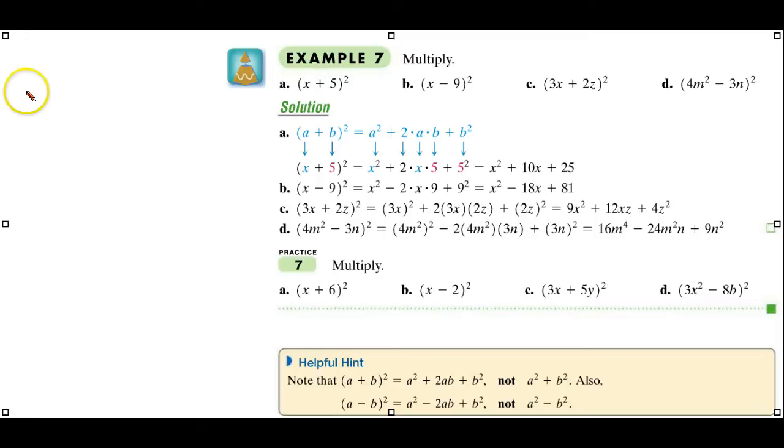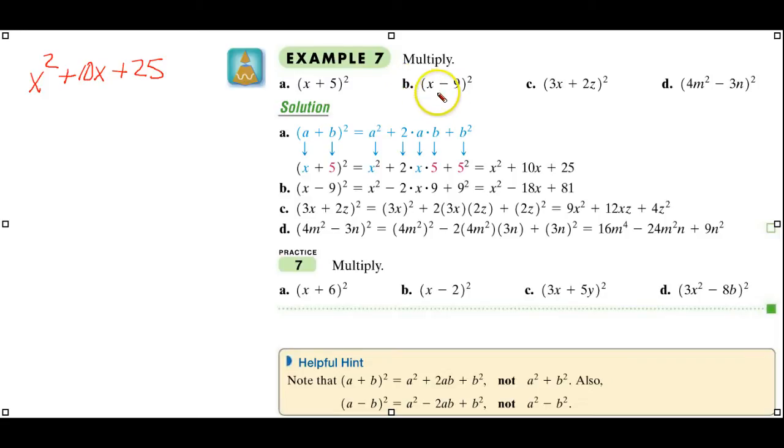Square the first term. That gives us x squared. Multiply these two together. That's 5x. Double it. Square the last term. And what is this called? A perfect square trinomial.